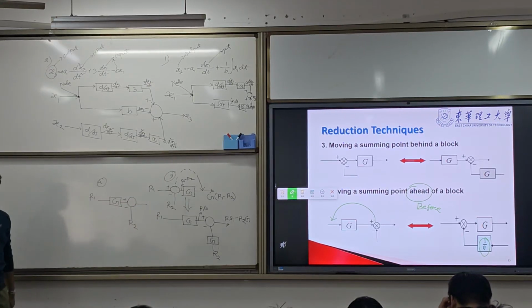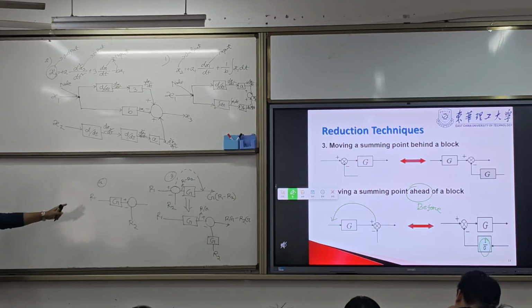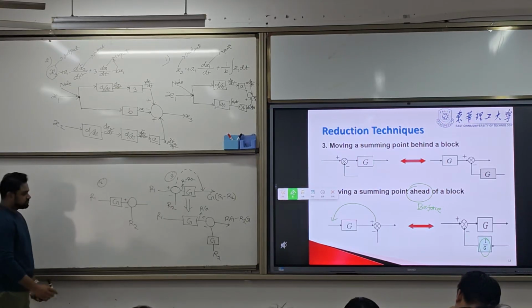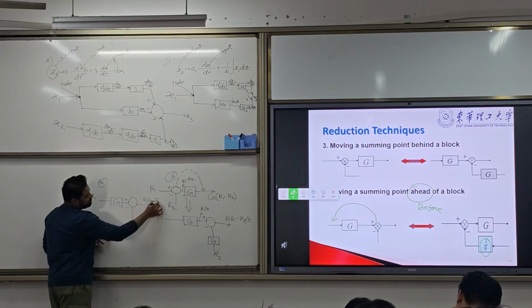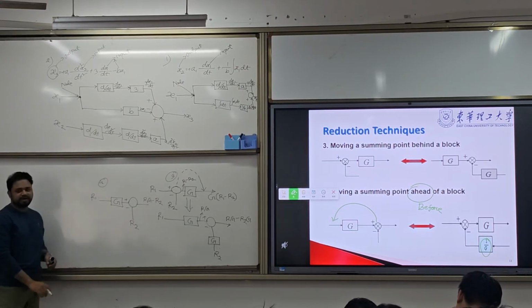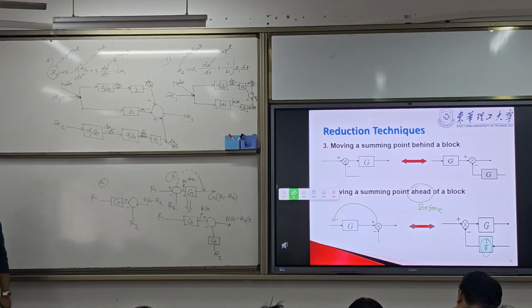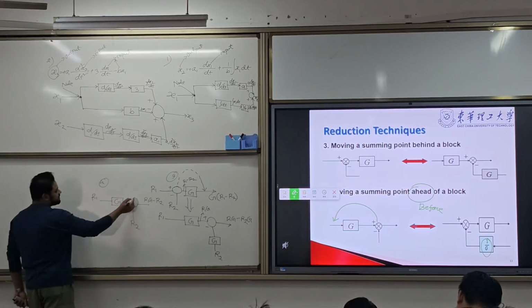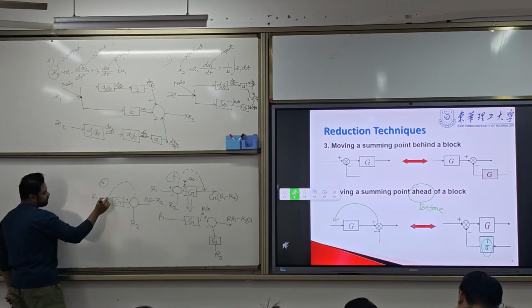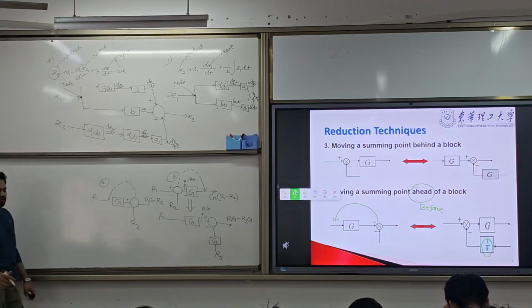First one, so what will be the output for this? R1G minus R2, right? This is the output for this.